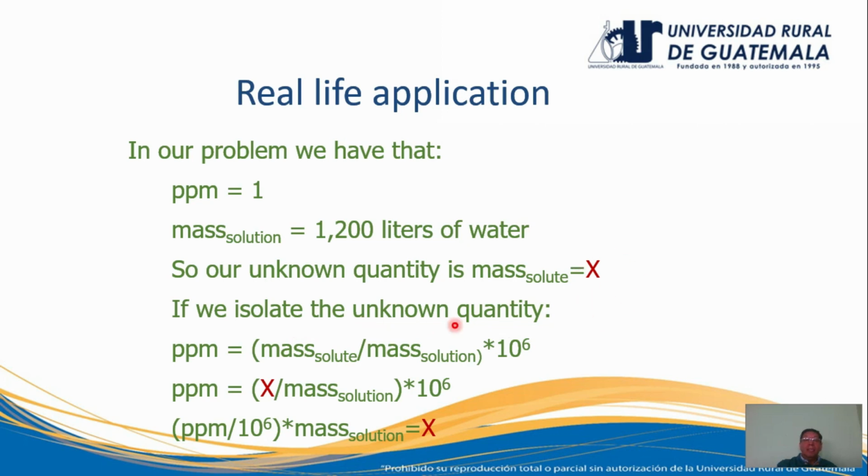So we need to isolate our unknown quantity. We use the formula like this: ppm will be equal to our unknown quantity divided by mass solution and multiplied by 1 million. So our unknown quantity will be the ppm divided by 1 million and multiplied by mass solution.